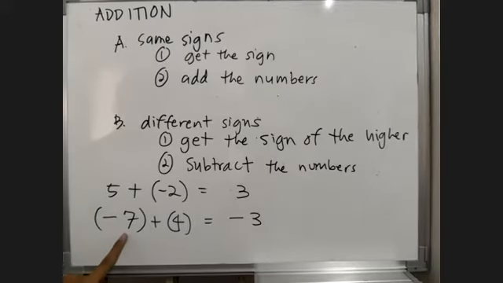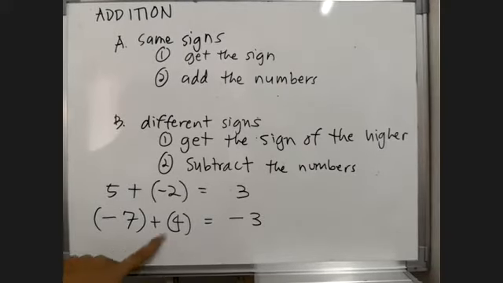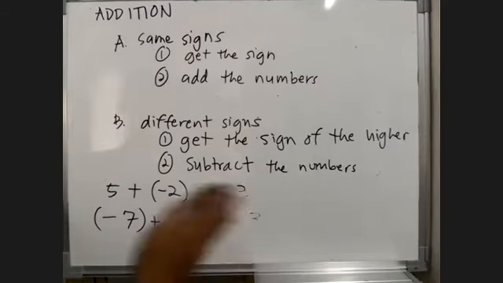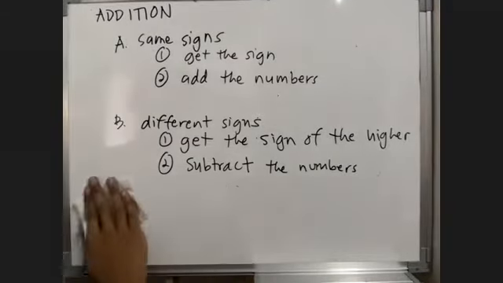Mas malaki kasi yung 7, kaya kunin natin yung negative. Then subtract tayo. That is my shortcut. So sa addition, 2 steps. Una, hanapin mo yung sign. Then pangalawa, it's either you proceed with addition or you proceed with subtraction. Okay? So, okay tayo dito? Kopyahin na yan.